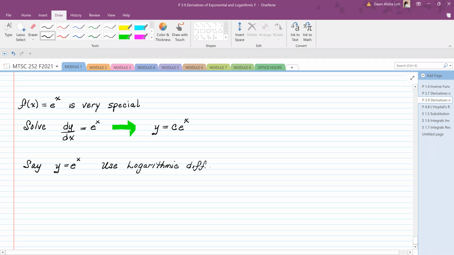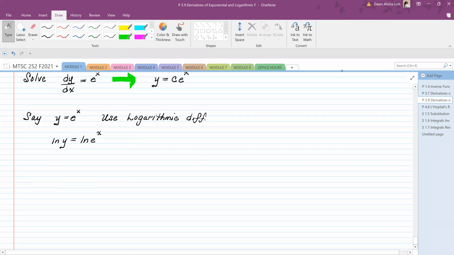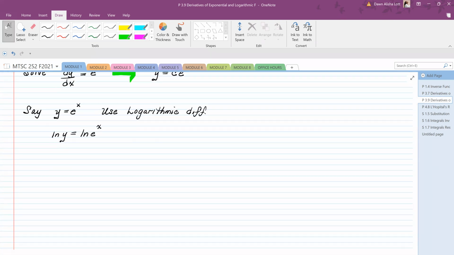So let's take the log of both sides. And so now I get the natural log of y, and the log of e to the x is just x.